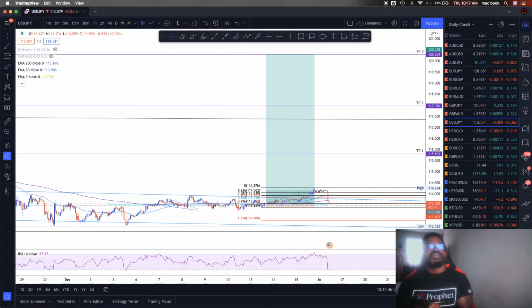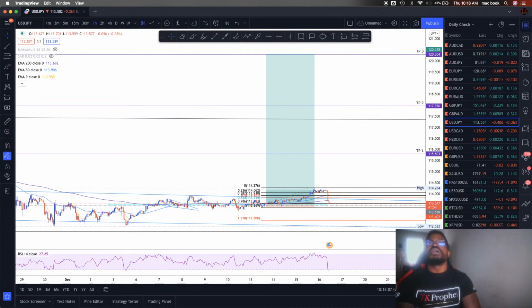We're already in profit on USD JPY. TP3. Okay, cool.